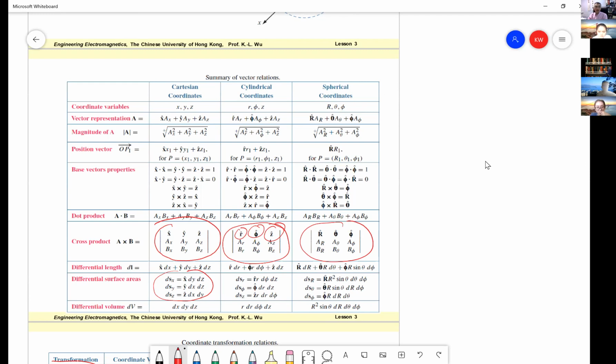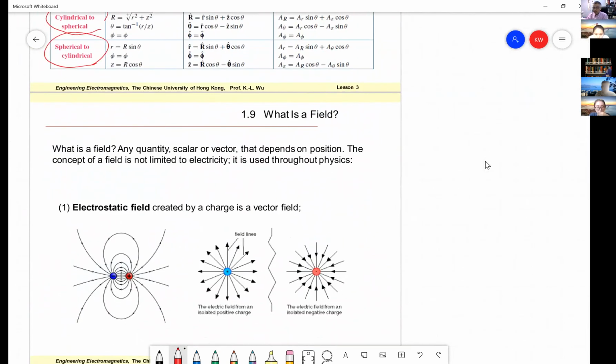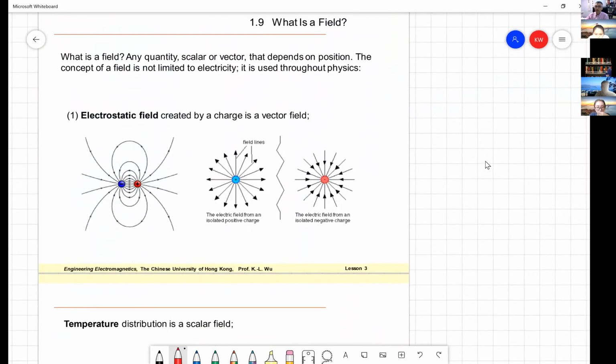If you can remember how the differential length is generated, then it's not surprising that we can find the differential area and differential volume. All right, so that is a review of coordinate systems.